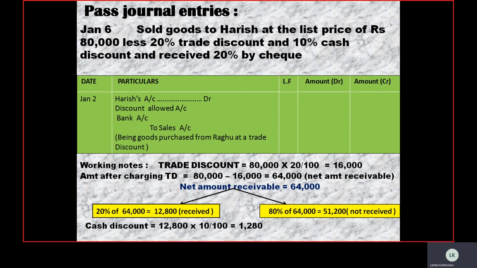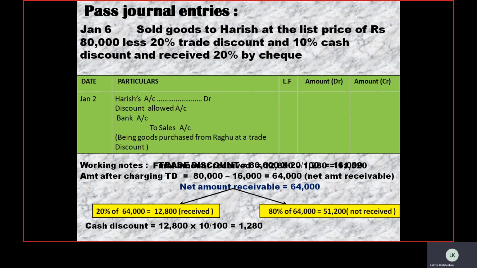Okay children, now next we will be calculating the cash discount. You know the rule for calculation of the cash discount: it has to be charged only on that particular amount which is either received or paid. So here the amount which is received by us is how much? That is 12,800. So 10% on 12,800 is how much? 1,280, because the rate of the cash discount is 10%.